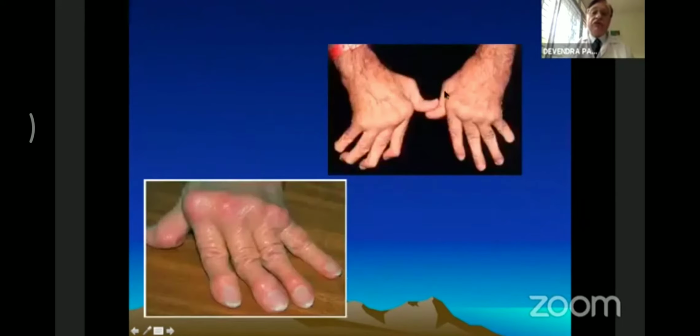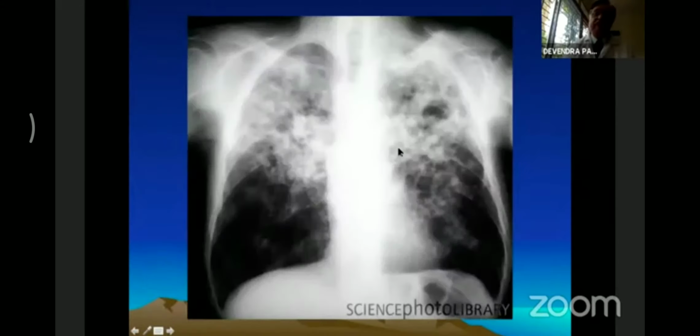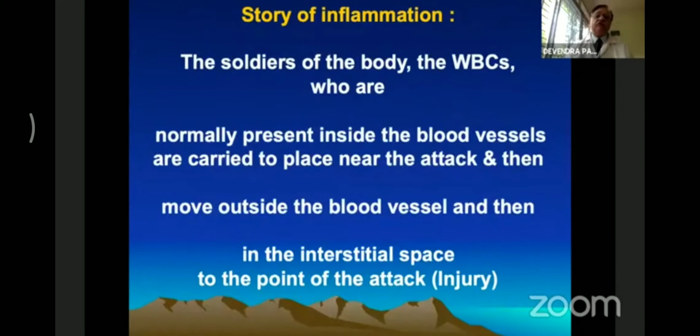This is a picture of rheumatoid arthritis where small joints are affected. The cartilage is lost because of the necrosis, replaced by a fibrotic process. Fibrotic process always shrinks, so you have crooked fingers. Here is the fibrosis, which is because of tuberculosis, the second bad effect of inflammation.